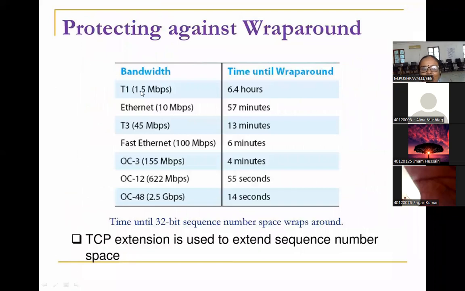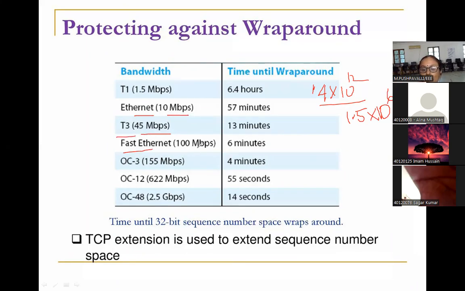Just see 1.5 Mbps. When I am taking that 1.4 into 10 power 12 divided by 1.5 Mbps, Mbps we all know is 10 power 6. And you all know Ethernet is 10 Mbps, T3 is 45 Mbps.